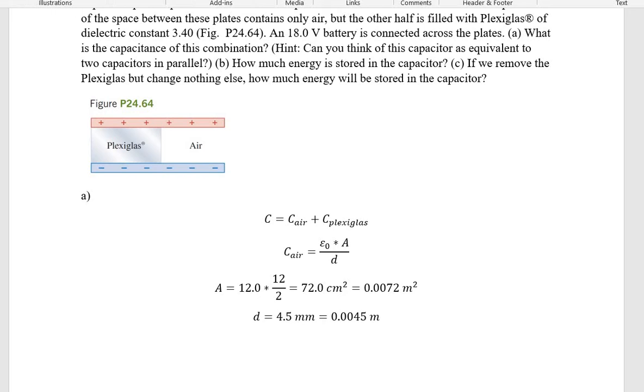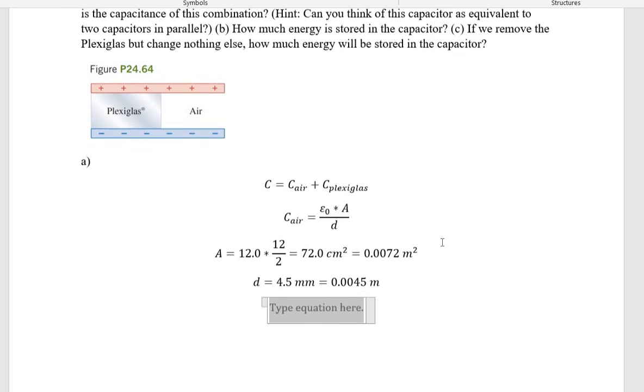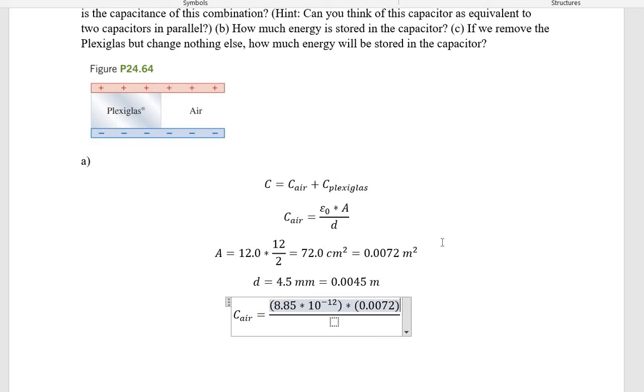So having all these values, we can calculate the capacitance of air, and it's going to be equal to epsilon, which is a constant, for air equals 8.85 multiplied by 10 to the negative 12, multiplied by the area of the plates, which is 0.0072, and all this divided by 0.0045, which is the distance.